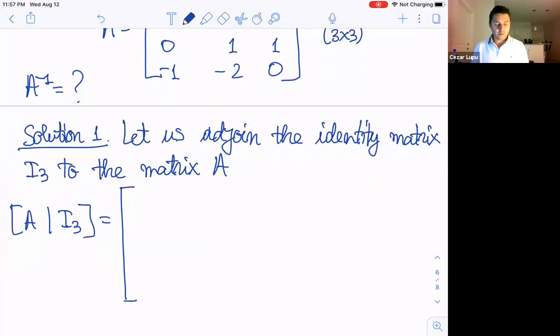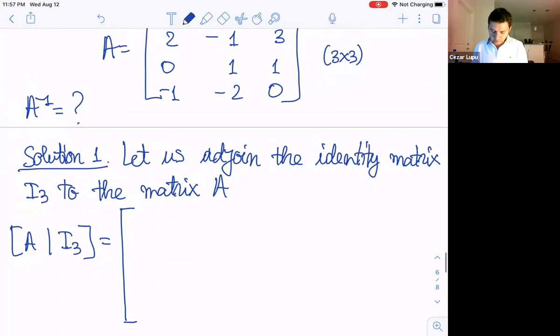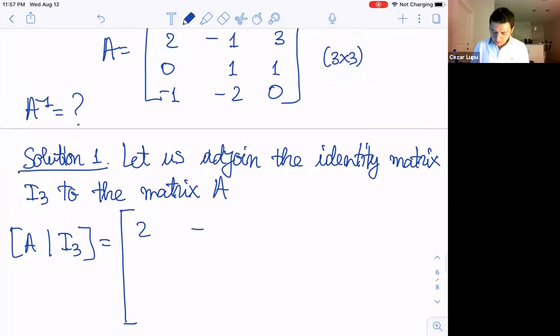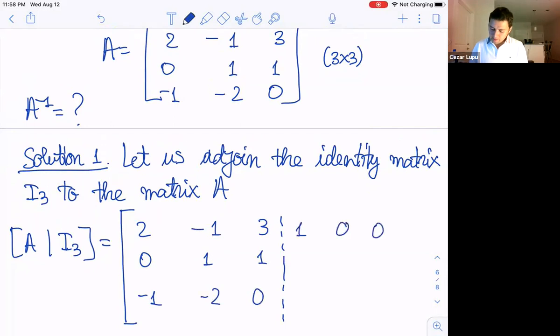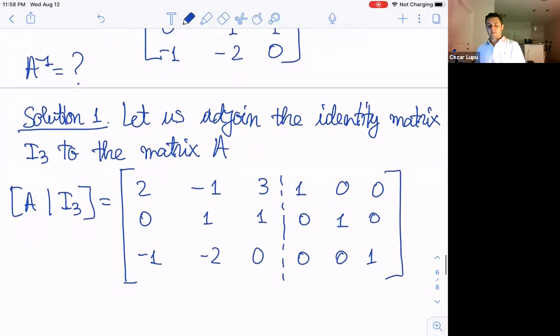Okay, let's write the matrix. Like I said, it will be a 3 by 6. Okay, let's copy 2, -1, 3, 0, 1, 1, -1, -2, 0. And now we'll just copy here the identity. Okay. You see, here on the right I have the identity, on the left I have the matrix.